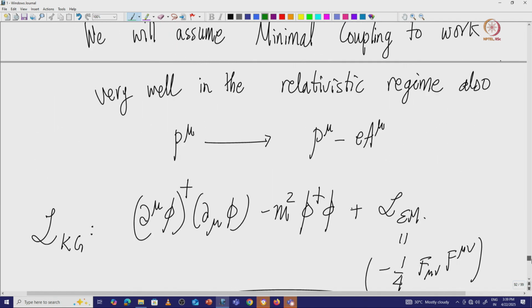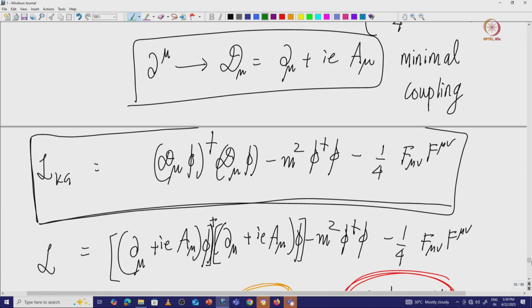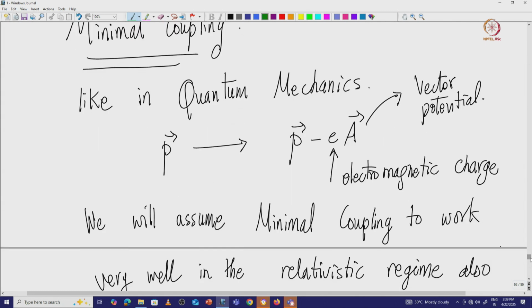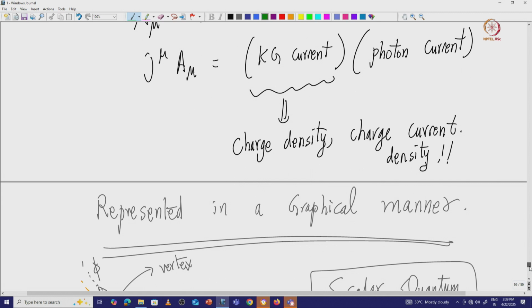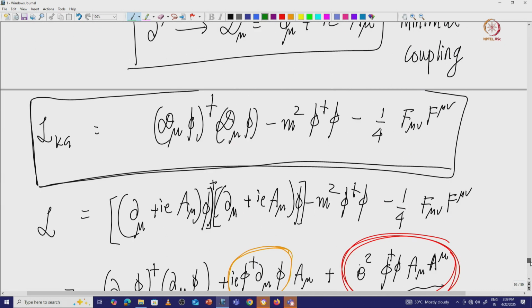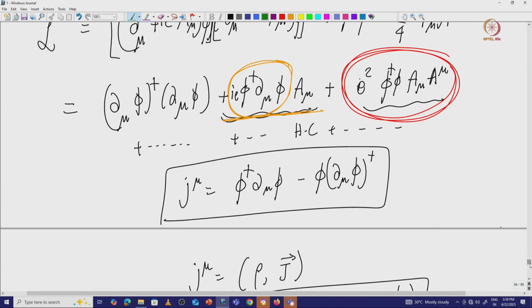This is exactly what we do in quantum mechanics, but we imported it into the relativistic framework by replacing the 3-vector with a 4-vector. So, we made P from an ordinary 3-vector to a 4-vector, used the same formalism, and saw that the Klein-Gordon current couples to the electromagnetic current, given by the vector current A mu, which contains the vector potential as well as the scalar potential.